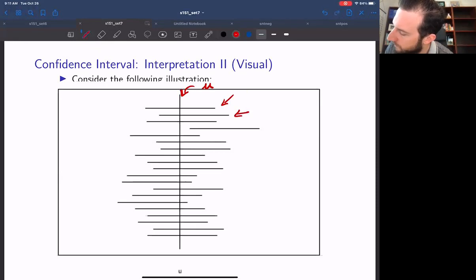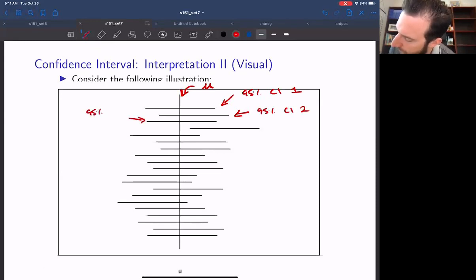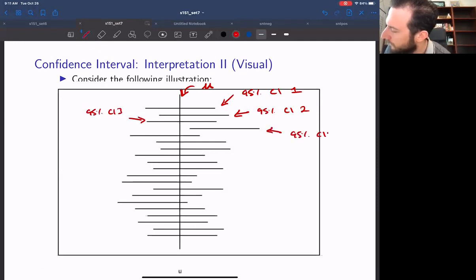So let's say that this is 95% confidence interval number 1. This is 95% confidence interval number 2. This is 95% confidence interval number 3. This is 95% confidence interval number 4. And this is going to be 95% confidence interval number 5.